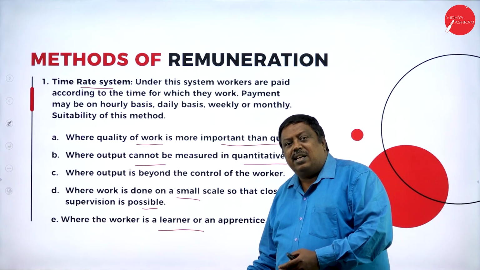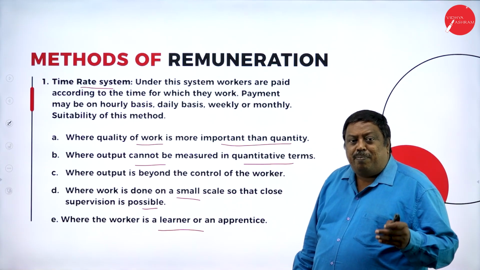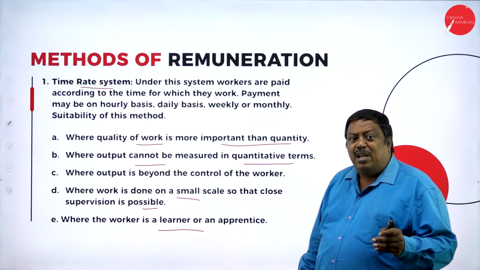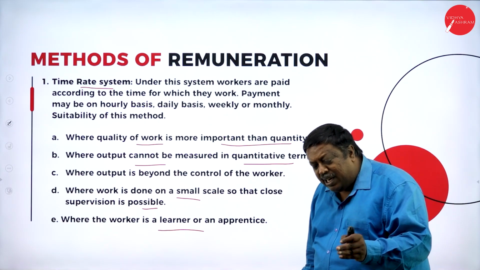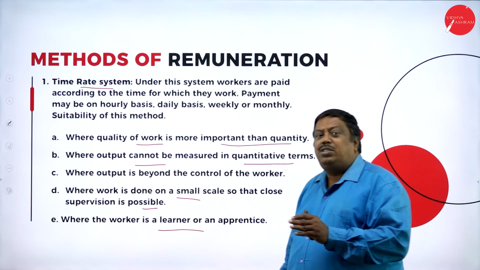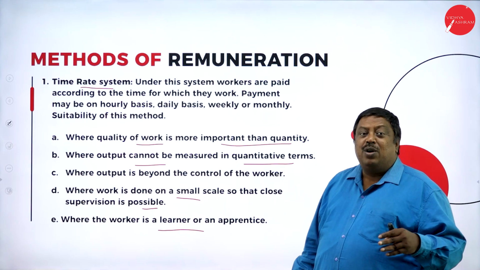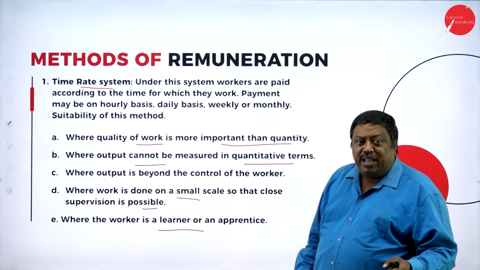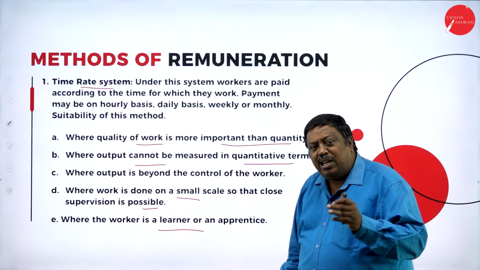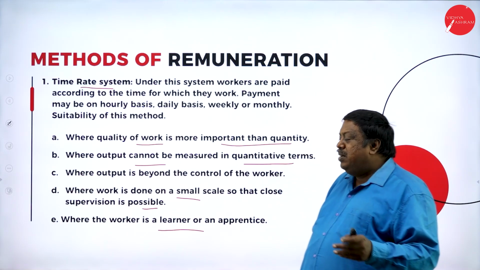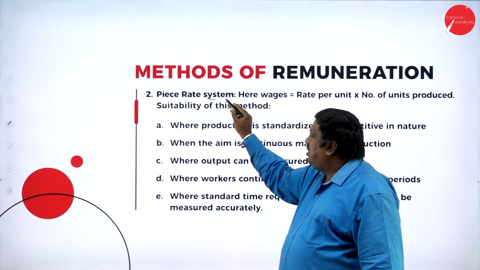If anybody is like that, the wages will be paid on the basis of time, how much you have invested in conversion of raw material into finished goods, not on the number of hours you work or the number of units you produce. Means not on the piece rate, only on the hourly basis system, the wages will be paid here. Next, we have the piece rate system.